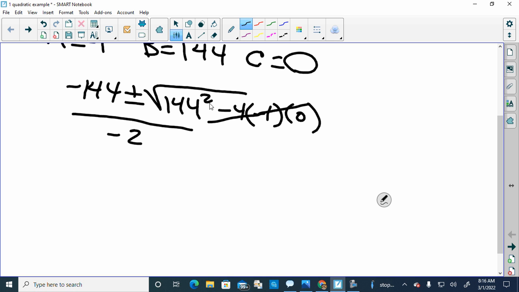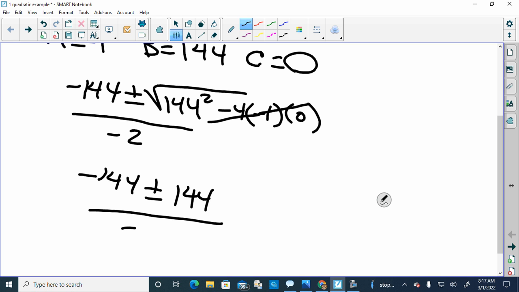Here we have a square and a square root, so if that is all that is left, it just undoes the square and the square root, which would just leave 144. If you don't notice it, that's fine. You would just get a really big number, hit the square root button, and it takes you back to 144. Now we don't have any square root left, so it's a -144 plus or minus 144, all of that over a -2.